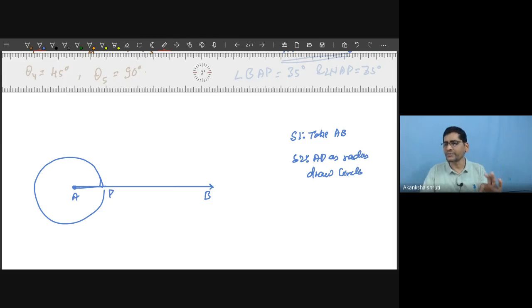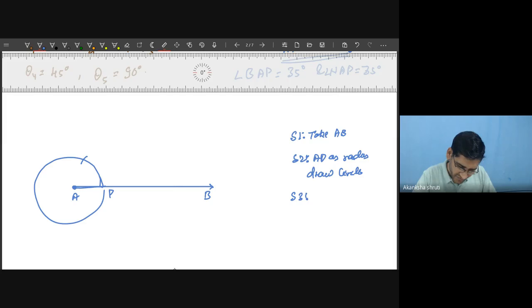This radius need not be fixed, any radius. Now from this you can observe that if you place your pointed tip at P and the pencil over this circle, it is going to cut it a total of 6 times.